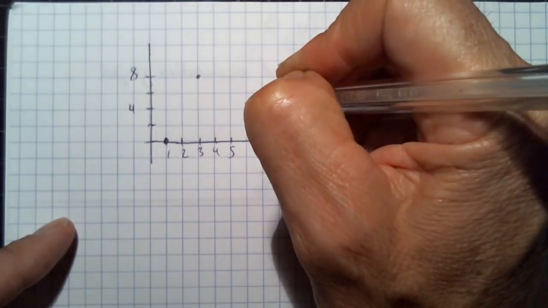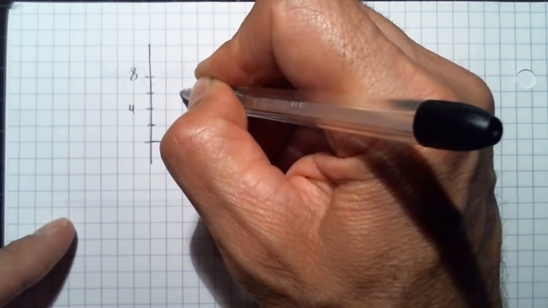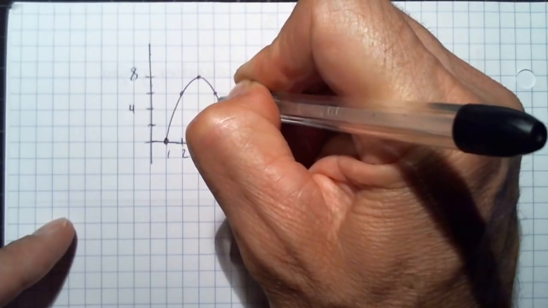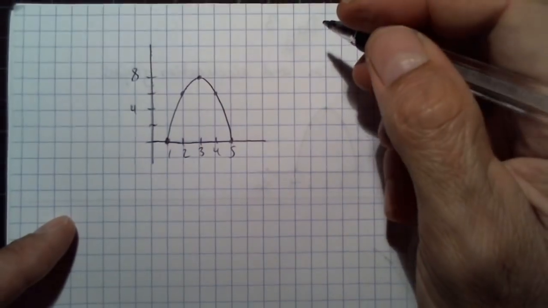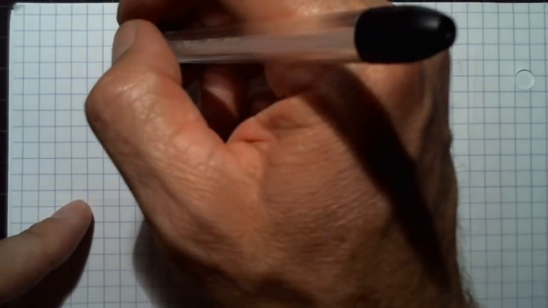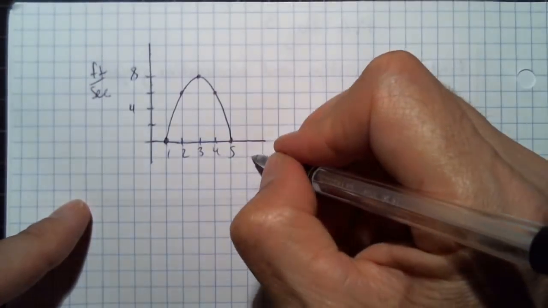We'll start here and here. And this is a velocity graph, feet per second.